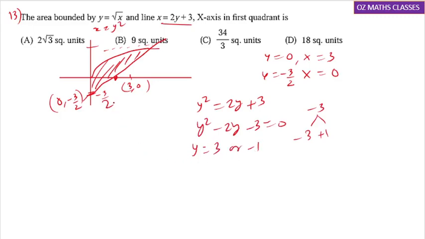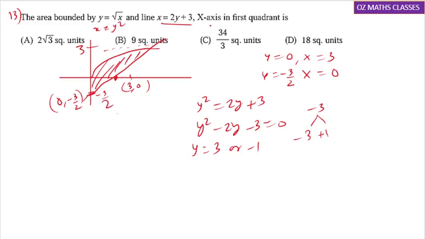The point of intersection will be y equal to 3 or y equal to minus 1.